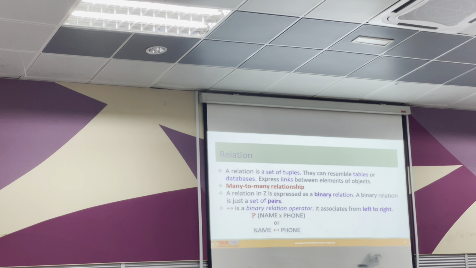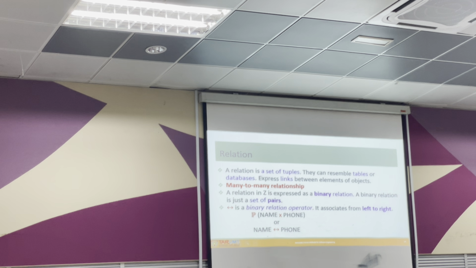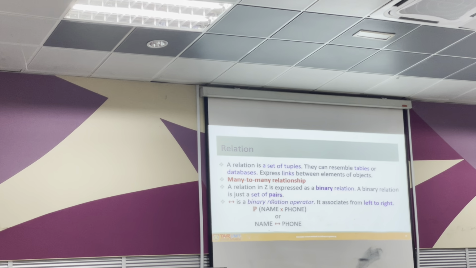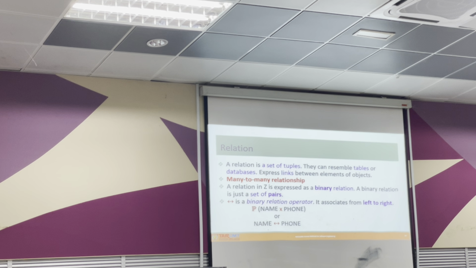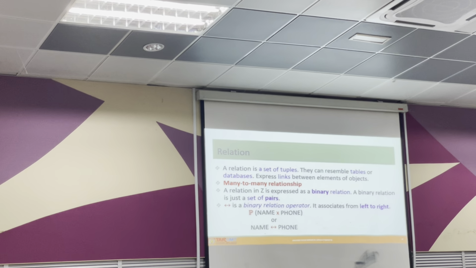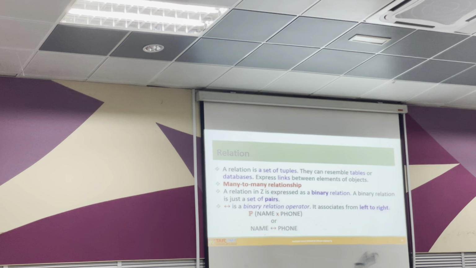We call this a binary relation, or I just name it relation only. Normally when we talk about relation, it's actually pairs, two columns only, pairs of data. So when we go for relation, it's many-to-many.